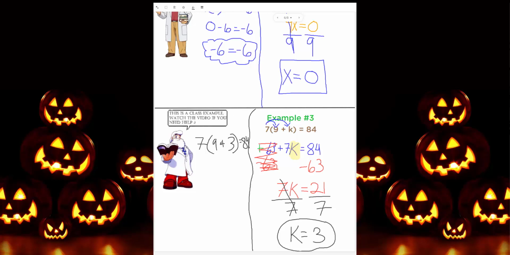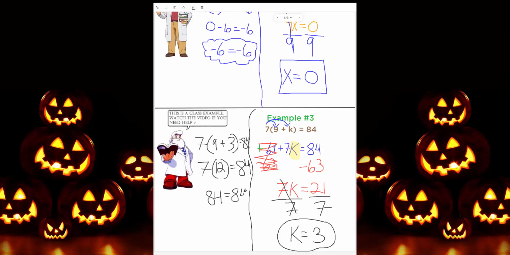We have like terms here inside the parentheses, which means we can add them together. So 9 plus 3 is 12. So 7 and the 12 are right next to each other with no sign in between. 7 times 12 is 84.